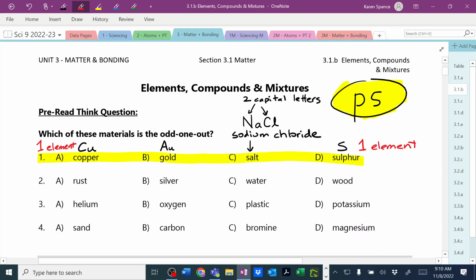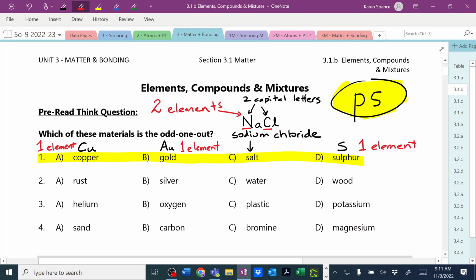I have gold. How many elements? 1 element. But for sodium chloride, we have 2 capital letters, so that means we have 2 elements.